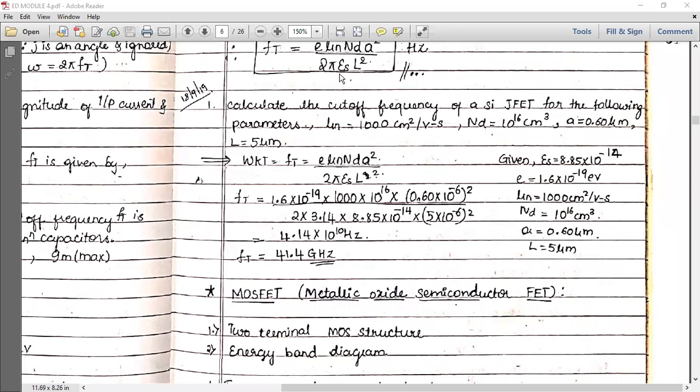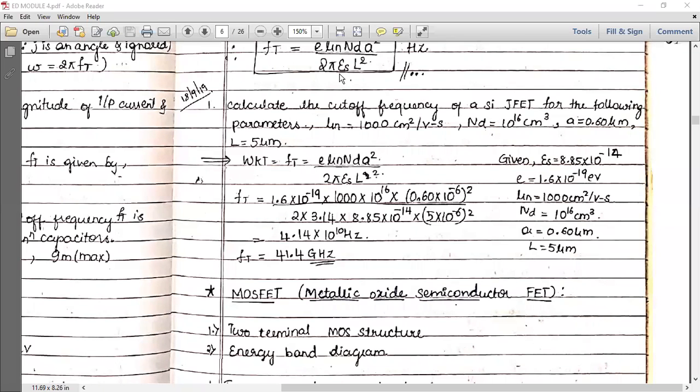Also check whether it is only in hertz, or whether there is megahertz, gigahertz, something like that. Check that also. It's not only 2.88.